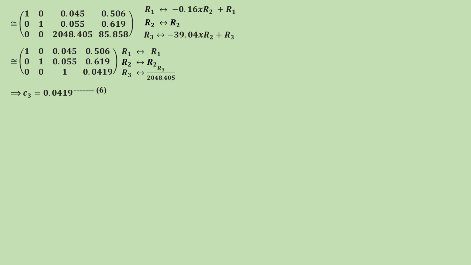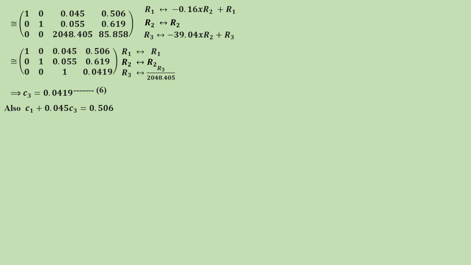So grouping, C3 is equal to 0.0419, because the last row, this matrix into C1, C2, C3, that is the column matrix.